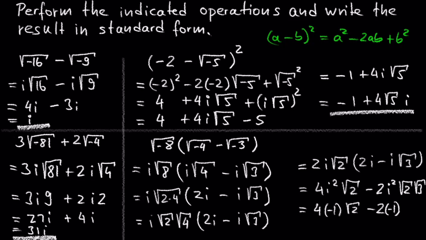And the square root of 2 times the square root of 3 is the square root of 2 times 3. 4 times negative 1 is negative 4. Negative 2 times negative 1 is 2. And the square root of 2 times 3 is the square root of 6. And we get negative 4 times the square root of 2 plus 2 times the square root of 6, and we're done with this problem.